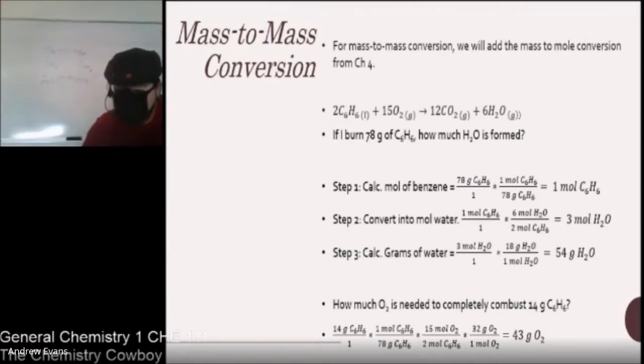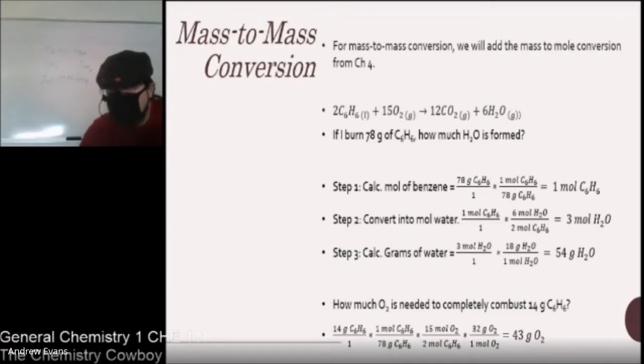Each carbon is 12 grams per mole. 6 carbons is 72. Each hydrogen is 1 gram per mole, and we have 6 hydrogens, so 6. So 72 plus 6 is 78 grams per mole. So calculate the moles of benzene. 78 grams divided by 78 grams per mole gives me 1 mole of benzene.